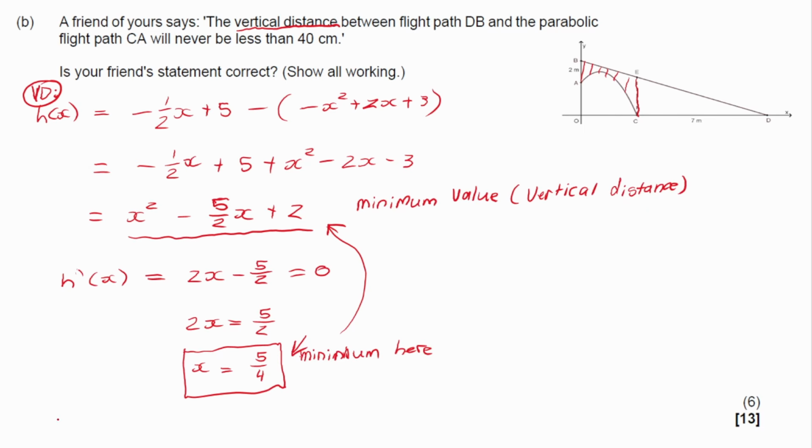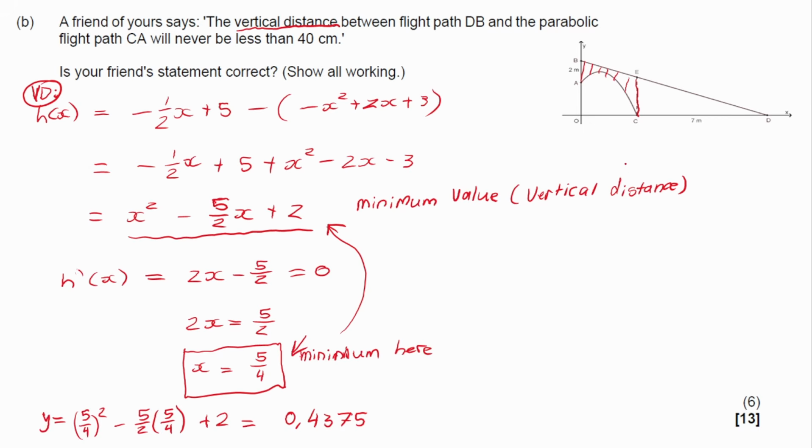All right. So our minimum vertical distance will then just be, I'll call it y, is equal to 5 over 4 squared minus 5 over 2 times 5 over 4 plus 2. And if I put that in my calculator, I will get this value, 0.4375.